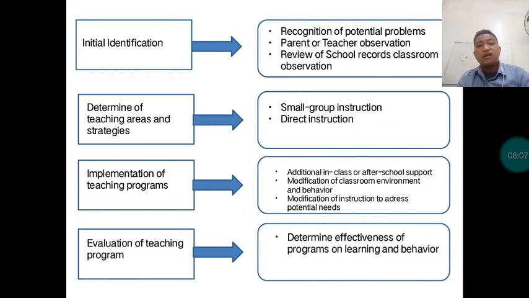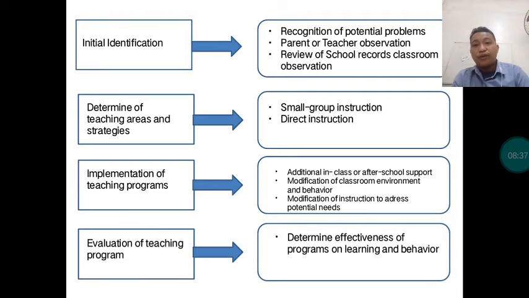So we must use the referral strategies. These are the strategies, or this is the process, of how we can help one specific child with disabilities in learning. First, we need the essential identification: recognition of the potential problem. That is the main solution, we need to discover their potential problem and in what areas.